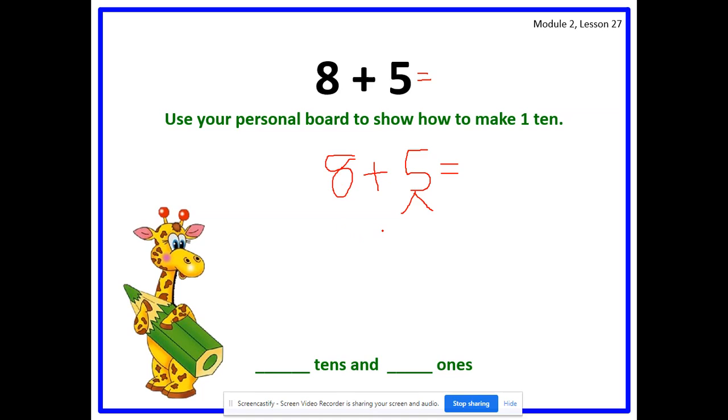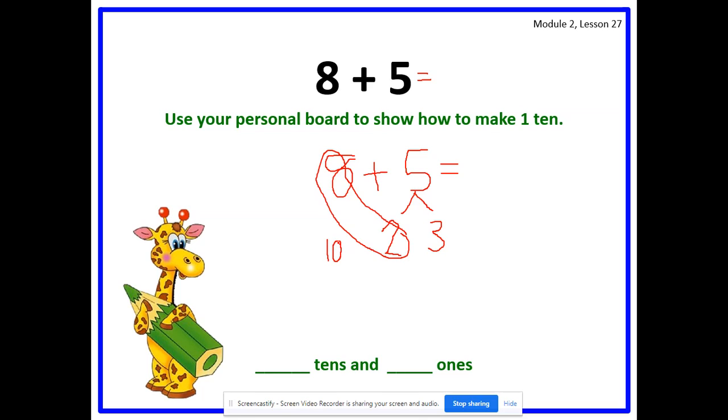Everybody write. 8 needs how many more to make 10? Get ready. Yes, 2. And 2 plus what other part make 5? Get ready. Yes, 3. So we circle 8 and 2 because that makes 10, and we write a 10.